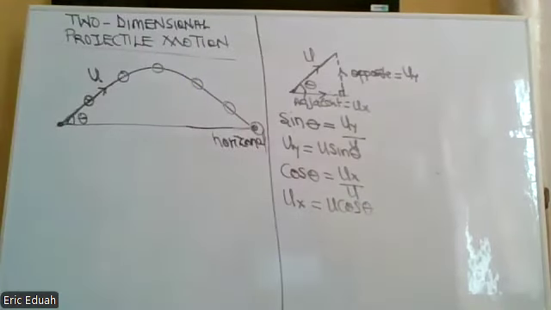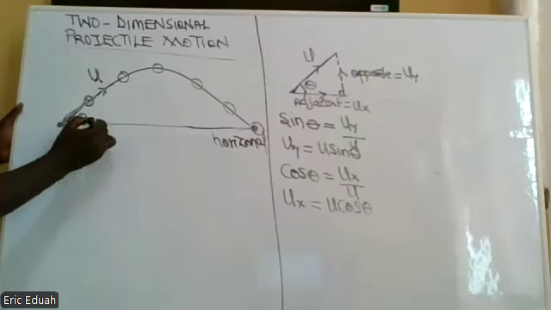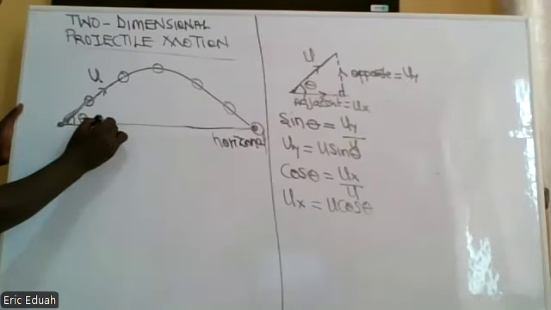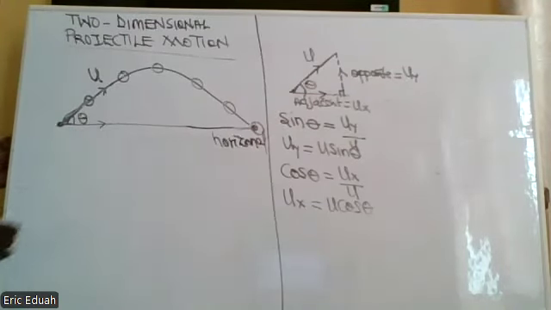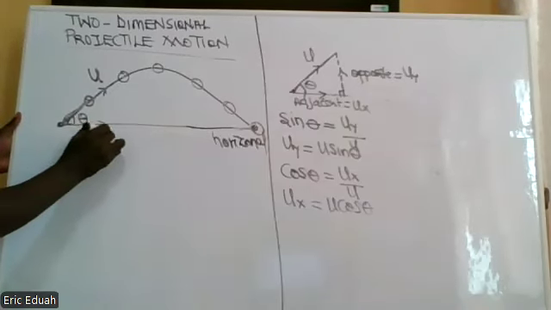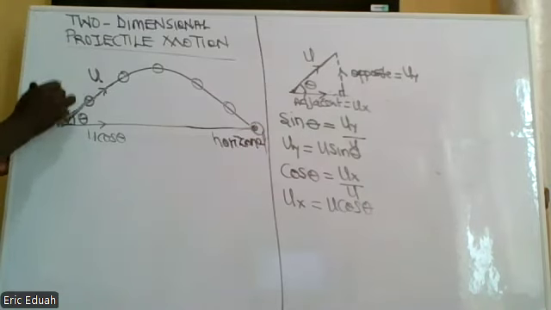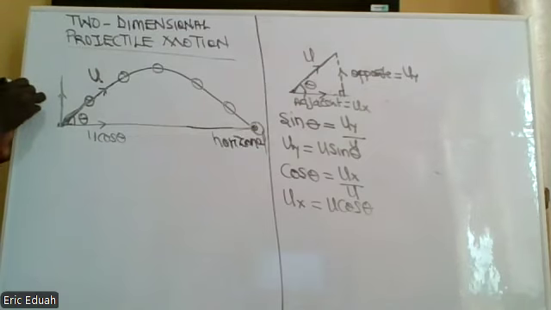Thank you, class. So by virtue of the fact that a projectile is shot at an angle to the horizontal, we have a horizontal component of this velocity of projection, u cos theta, and a vertical component, u sin theta.